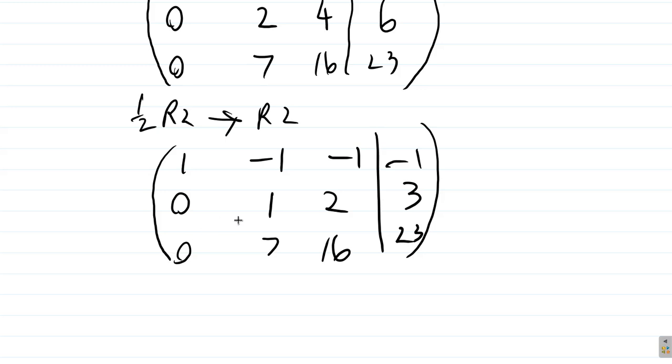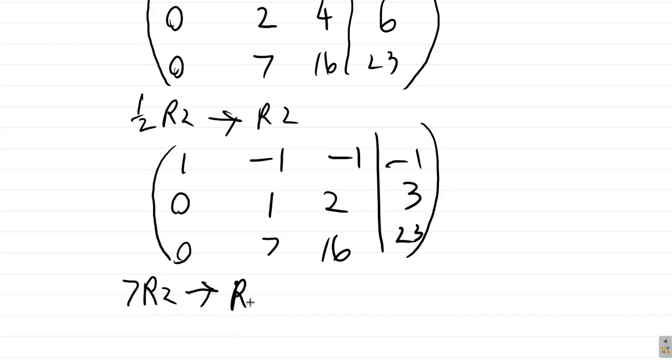Now, we want a 0 where the 7 is. So, suppose we say row 2 times 7. Sometimes you could say 7 row 2. That's what I've seen them do on a few websites. 7 row 2. Same thing as 7 times row 2, or row 2 multiplied by 7.